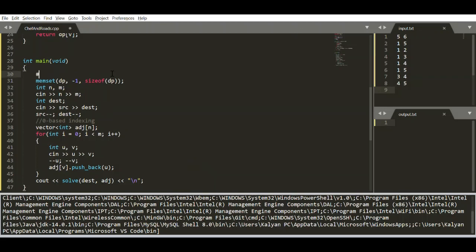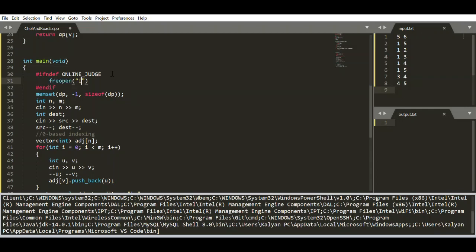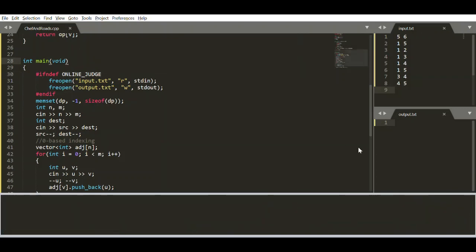So one thing which I use is ifndef ONLINE_JUDGE. So for whoever's not familiar with this, what I'm trying to do here is take input through a file, and while submitting I don't really need to remove these input lines, as I'm saying if not defined ONLINE_JUDGE, and CodeChef compiles with this extension, so we're alright. So it's just a nice way to finish work, and it ran pretty correctly.